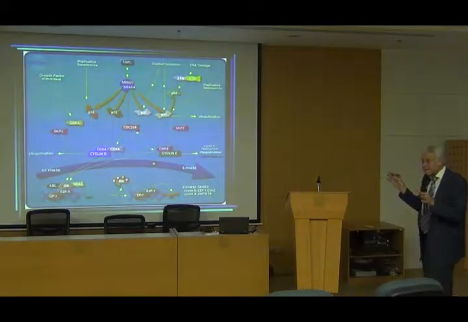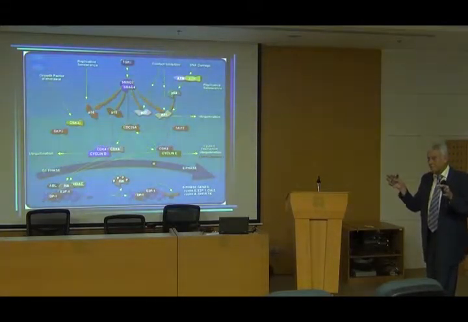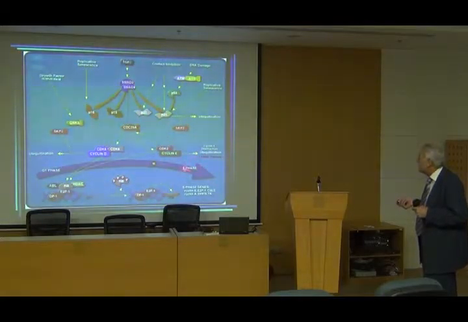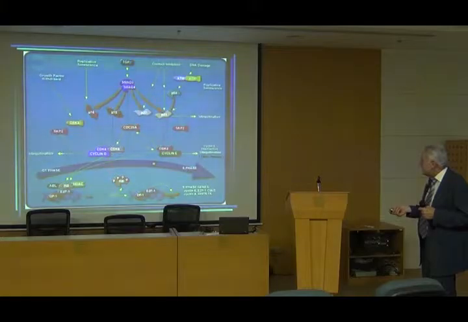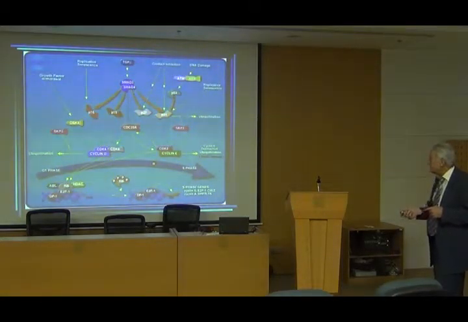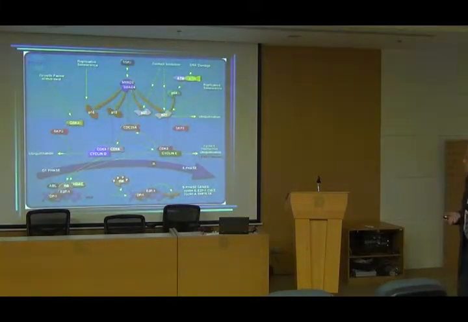This is only a very small picture of which factors are involved in the G1 phase to the S phase. And you see the RB phosphorylated and leads to defects, and also defects on the DNA.